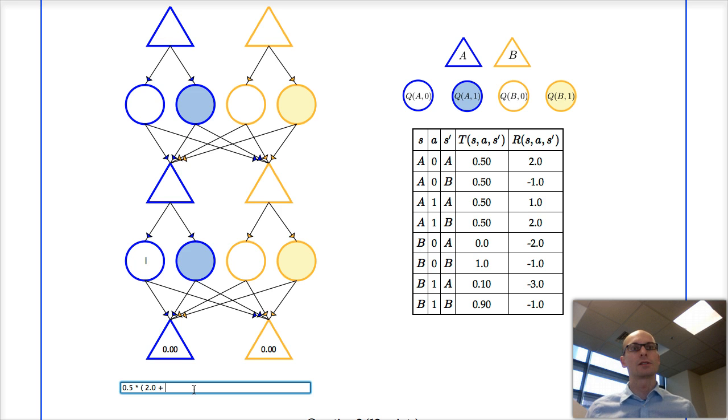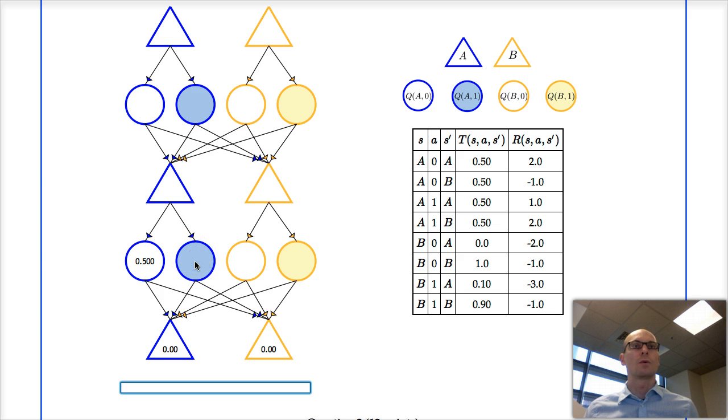And there's no discounting here, so plus gamma, which is 1, times the value at the next state, which is A, and the value of that state is 0. And then we have a 0.5 probability of going to state B. For this transition, the reward is -1, so we have plus 0.5 times -1, plus the value at the next time, discounted, but our discount factor is 1, so no discounting. The value at the next state is 0. So here we go. This is our value for this node.